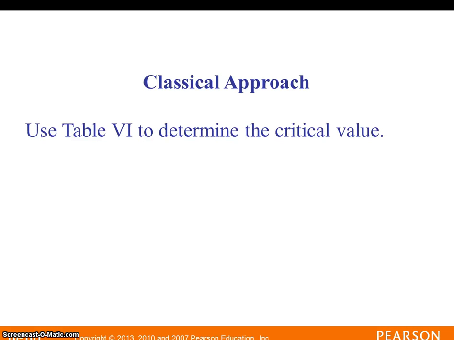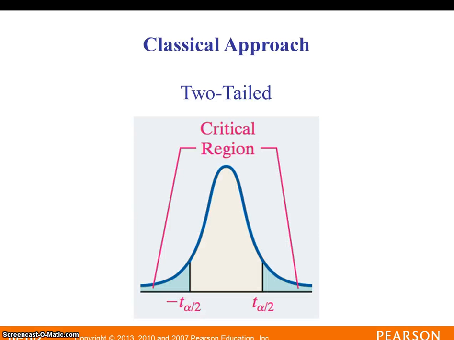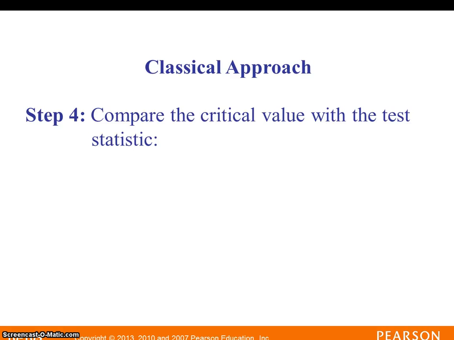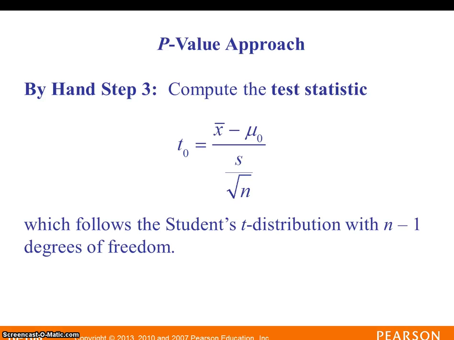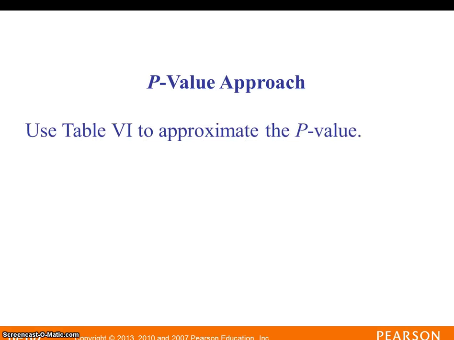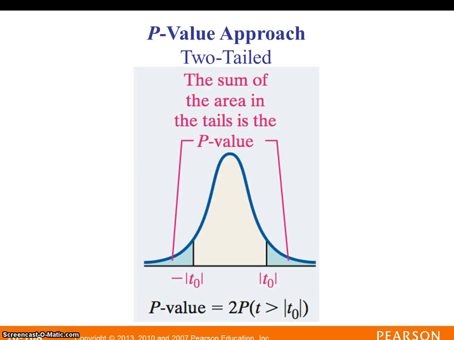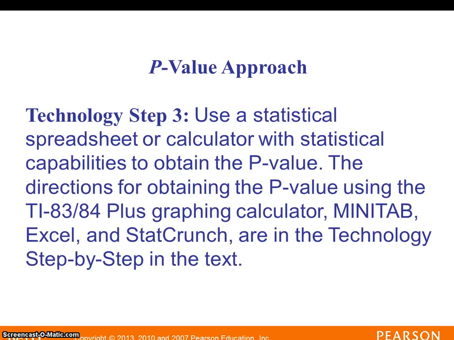We can use table 5 to determine the critical value, or we can use the classical approach, just like in section 10.2, to compute the probabilities. Either use table 6 to approximate the p-value, or if you need something a bit more accurate, you can use StatCrunch or something like that.